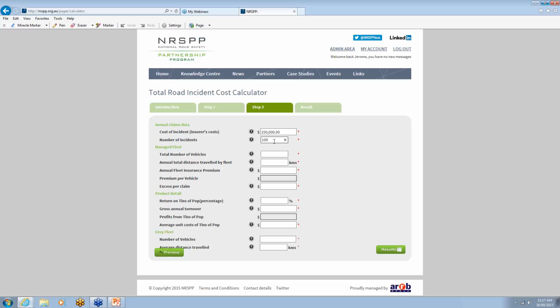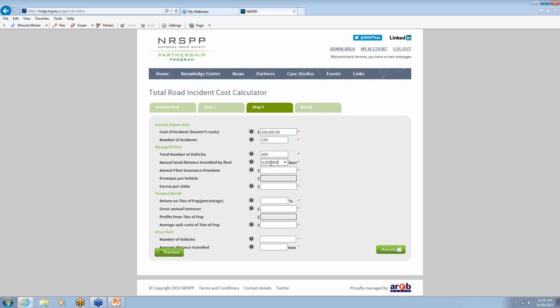A little bit more now about your fleet. How many vehicles do you have in your fleet? Well, I think I need a decent amount of people to get out and about to promote my pop, so 400. Okay, and that could be sales, deliveries, and whatever. Good. What is your annual total distance travelled by your fleet in kilometres? 4 million kilometres, so we're a big country.